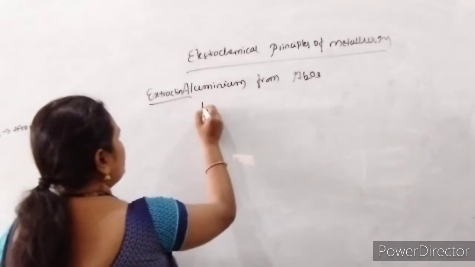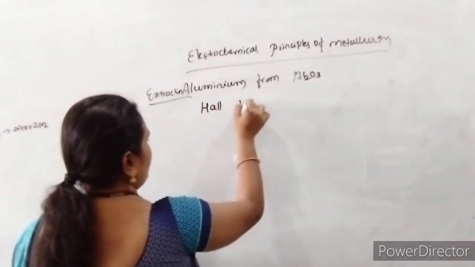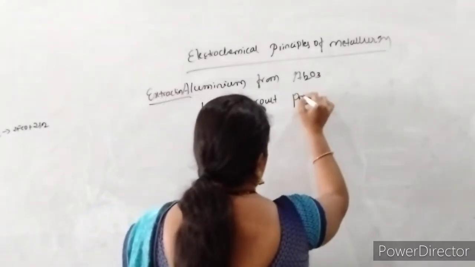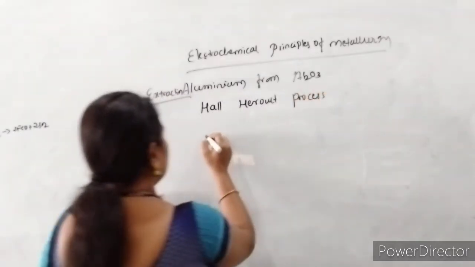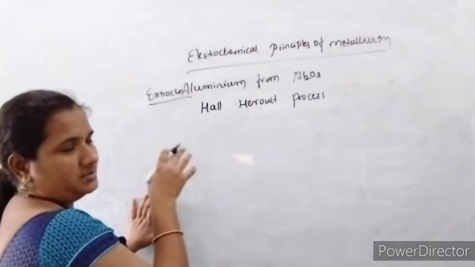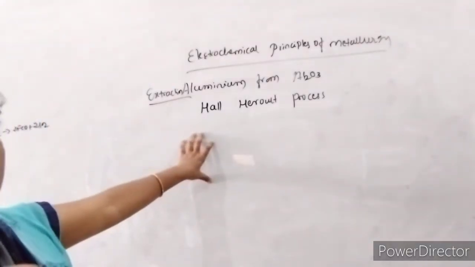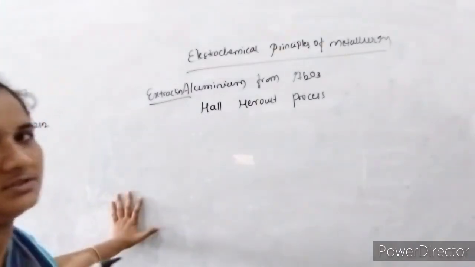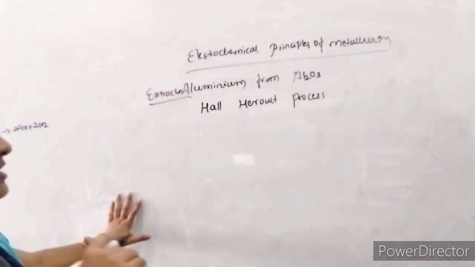This is called the Hall-Héroult process, and in this process the aluminium oxide, or bauxite ore, is treated with carbon. Then it will produce metallic aluminium here.